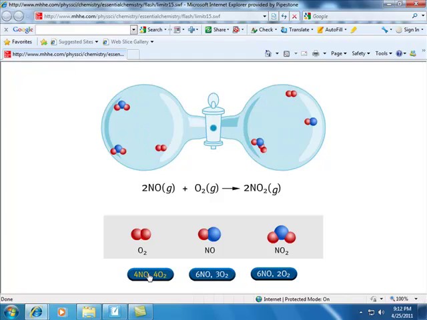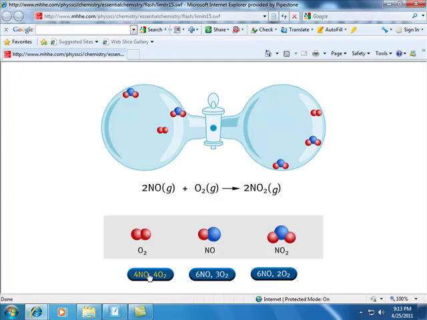The 4 NO molecules require only 2 O2 molecules for reaction. Note the 2-to-1 mole ratio in the balanced equation. Therefore, 2 O2 molecules remain after reaction. The reaction stops once the nitric oxide gas runs out. NO limits the amount of product that can be formed and is therefore called the limiting reagent. Oxygen gas is present in excess.